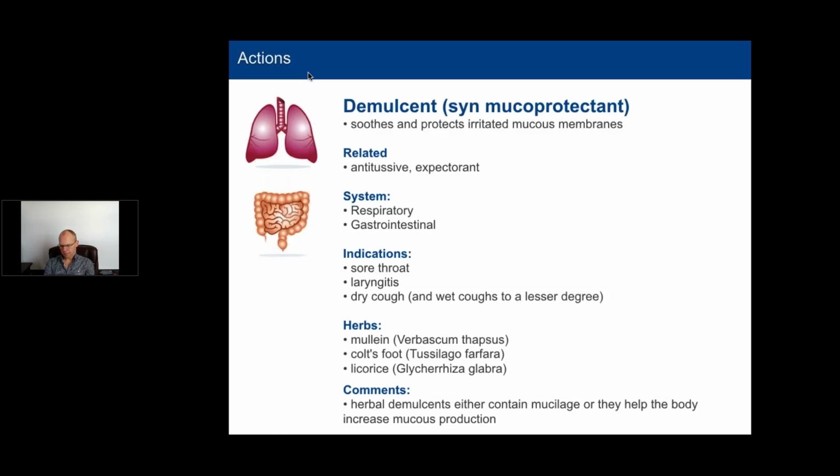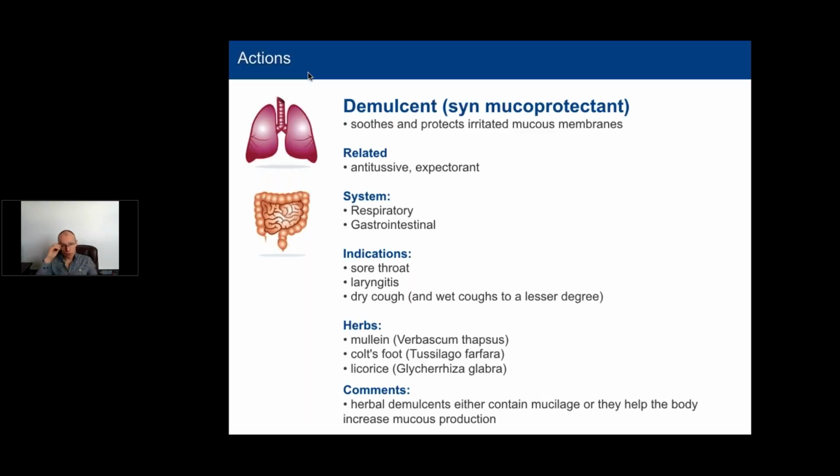So one of my favorite actions is the demulcent action. Typically demulcents are used in the lungs, in the gastrointestinal tract, and also to some degree in the urinary tract. Demulcents basically are used to help protect the mucous membranes from irritation or help to reduce the inflammation.